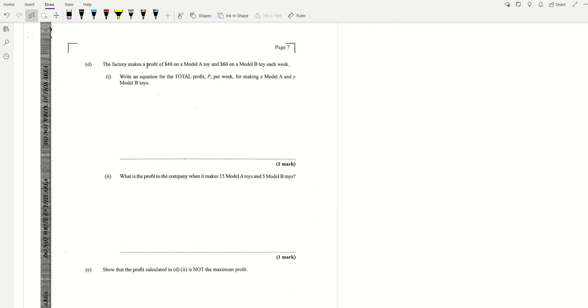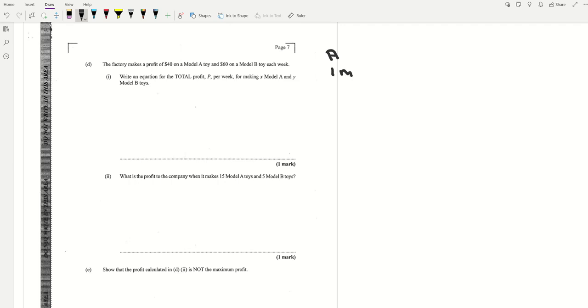The factory makes a profit of $40 on model A and $60 on model B each. Write an equation for the total profit P per week for making X model A's and Y model B's. Alright, so we know that one, this is for model A I'm talking about.